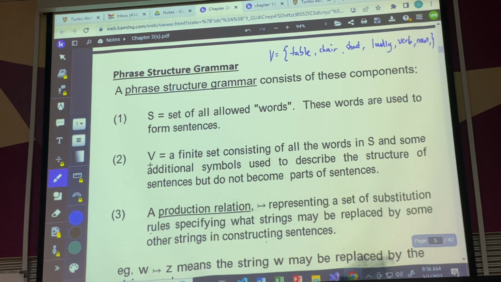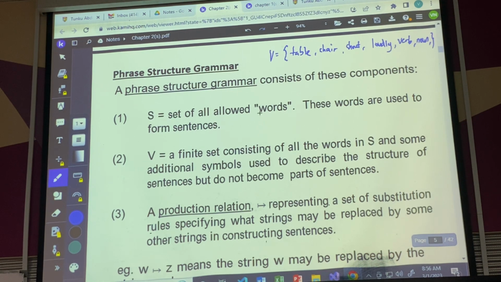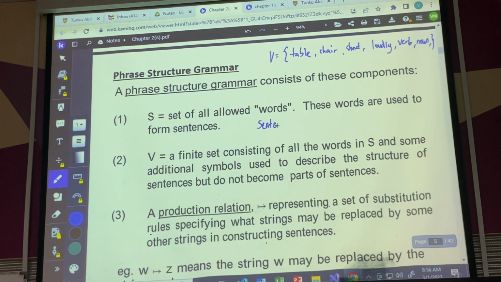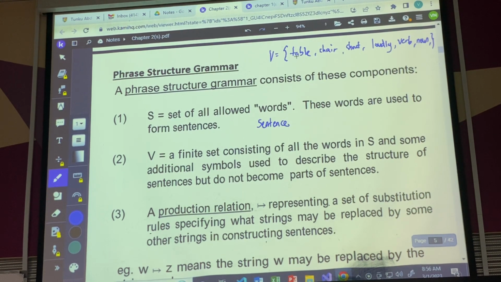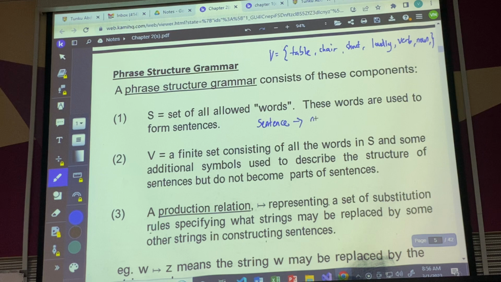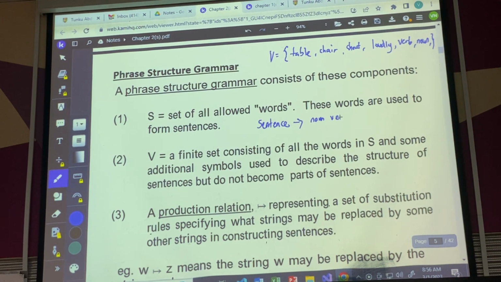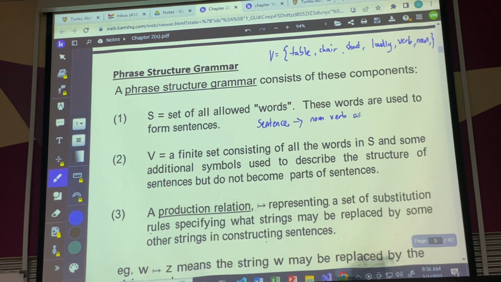And then the production relation means a substitution. Let's say I start with the word sentence. Now I want to form a sentence, so I need to replace the sentence with something in order to get the final sentence. Let's say I need to have a noun, a verb, an adverb, and so on.